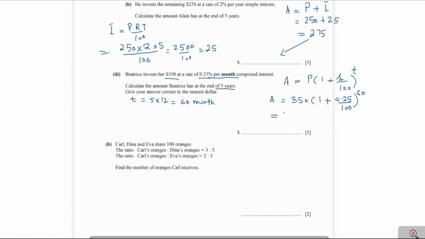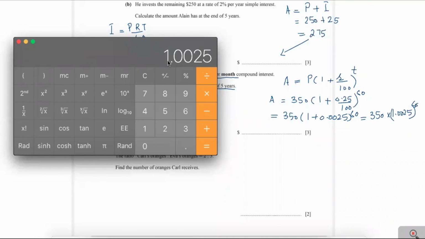Now we get the 350 into 1 plus 0.0025 power 60 and that will be equal to 350 multiply 1.0025 power 60. Now you see here 1.0025 power 60 is equal to 1.16 multiplied by 350.